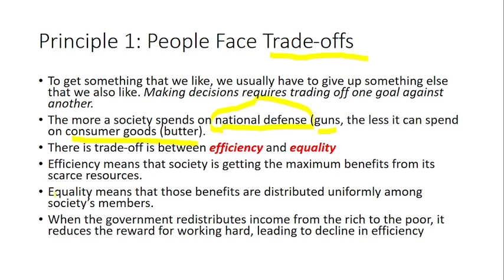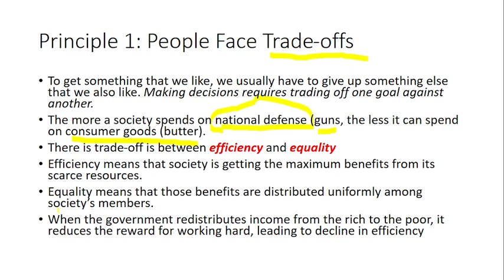What is equality? Equality means a situation where benefits are distributed uniformly among society's members. That means if you take away money from the rich people and redistribute it to the poor people, then you can say that there is equality. So here also there is the possibility of a trade-off.